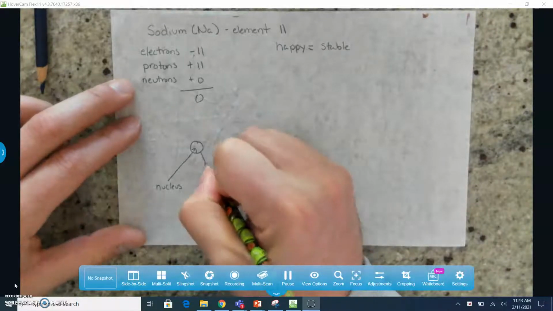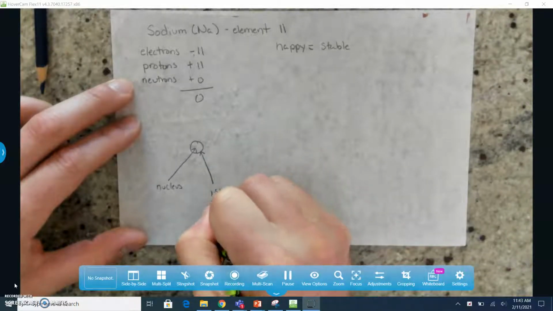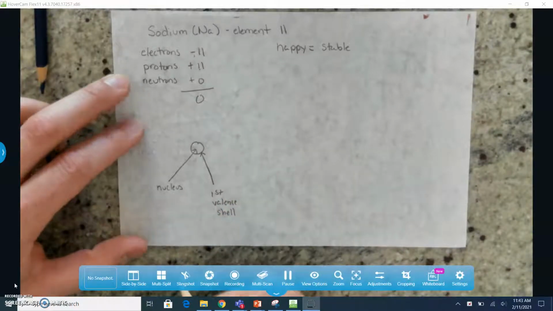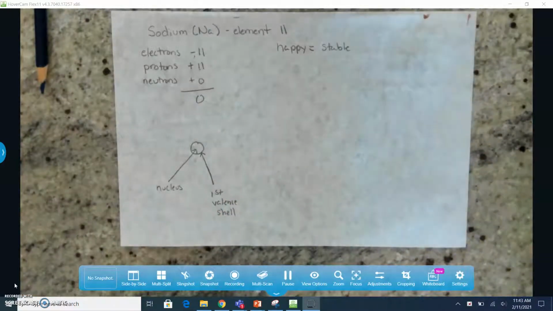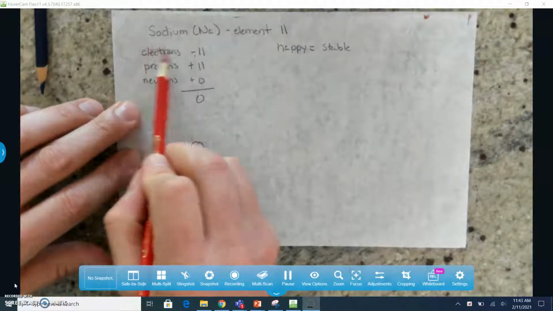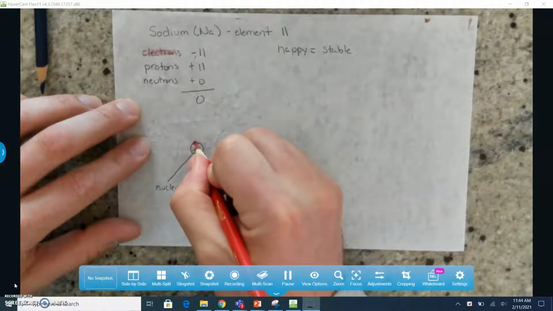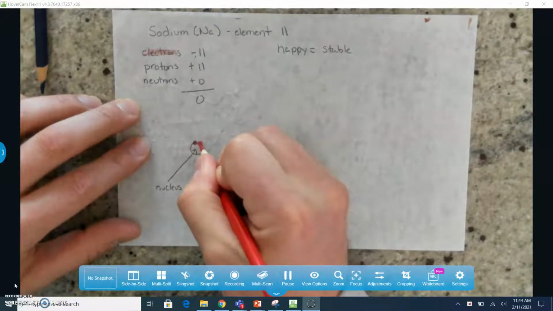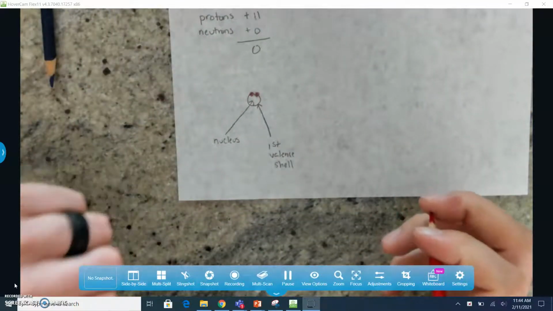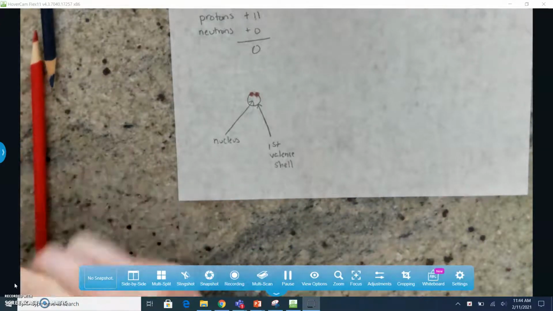We know that this is the first valence shell. And again, that can hold 2 electrons. I'll use red this time for electrons. And I'm just going to draw them, 1, 2. Now that valence shell is filled, I still have 9 more electrons.